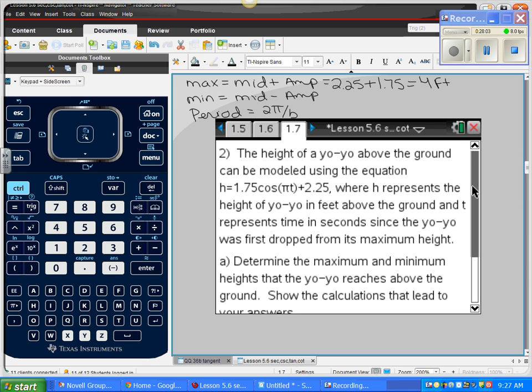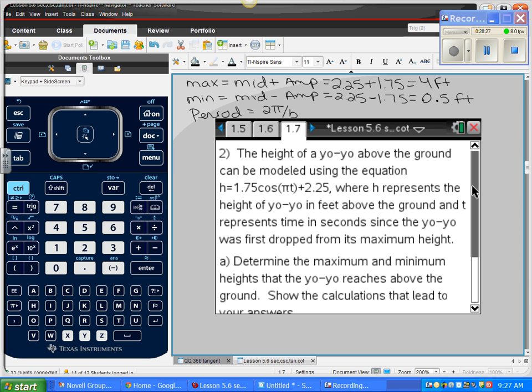No. That's if you're looking for it from a graph, honey. All right, minimum. Midline minus amplitude, which is going to give us a value of 0.5 feet. Okay, so that's part A, not bad, right?